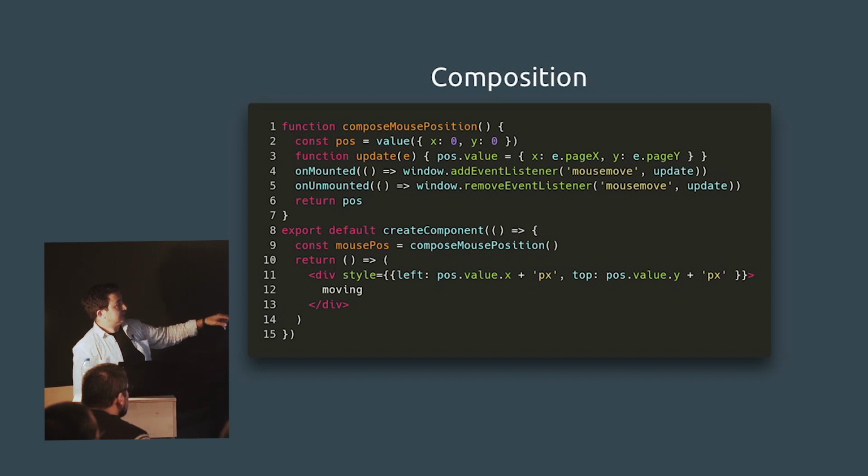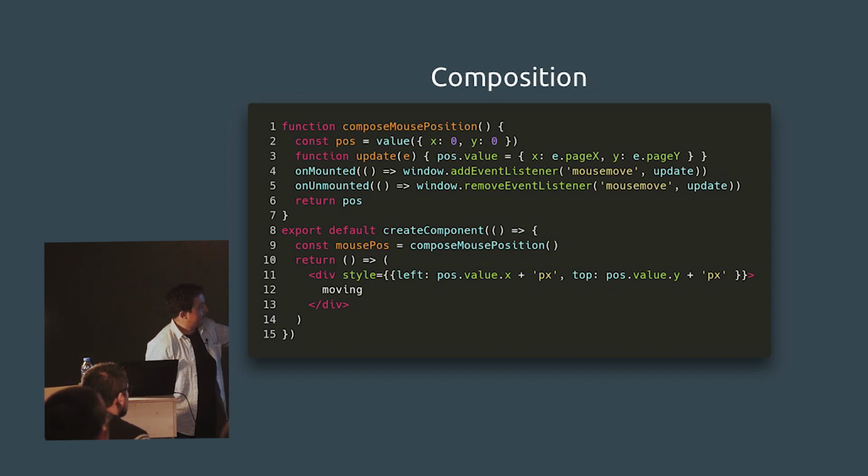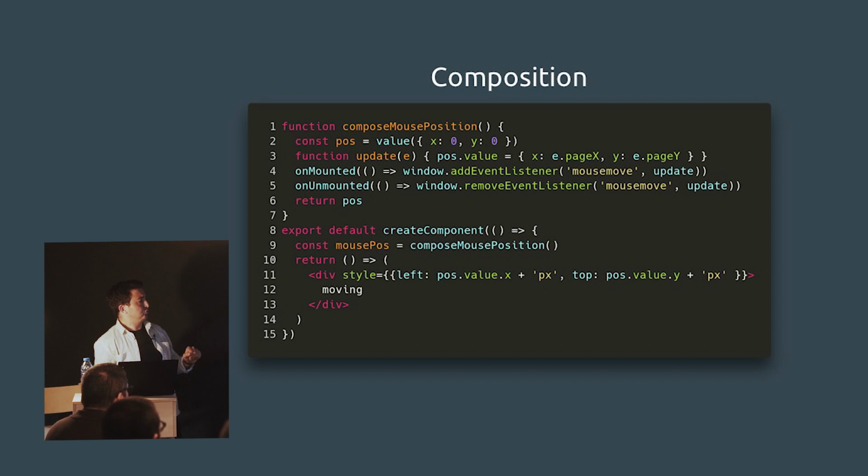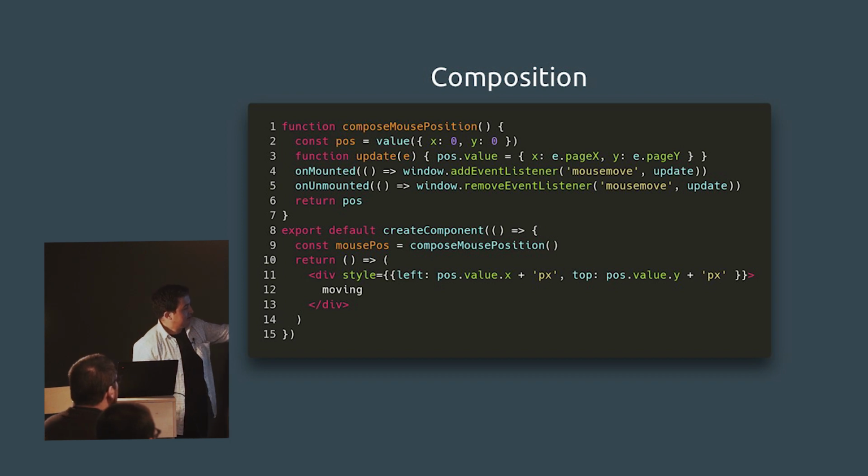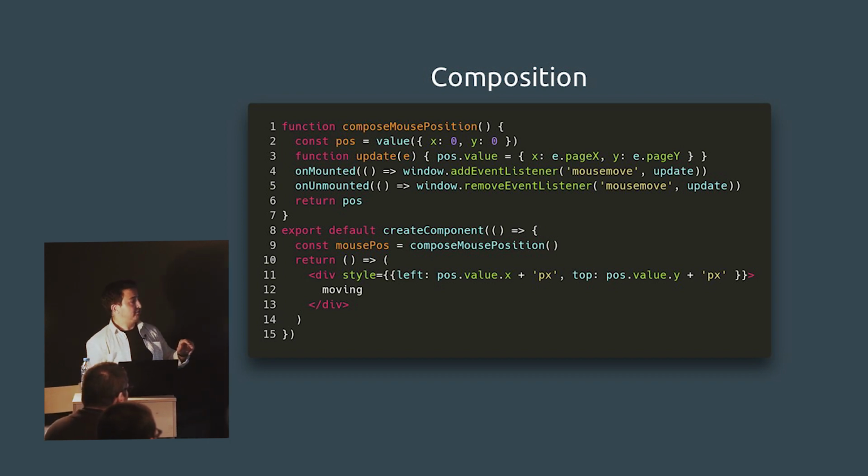So in this case, I am saying, okay, in this component here, I want to use the mouse position. So when I do this, automatically this mouse will have the position where the user has the mouse, and every time he moves the mouse, it will be updated.